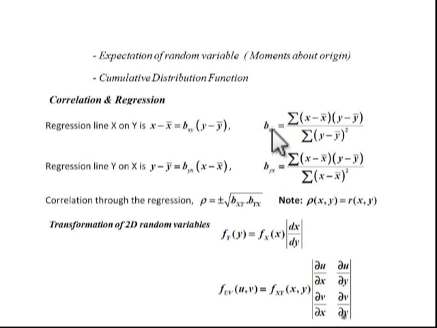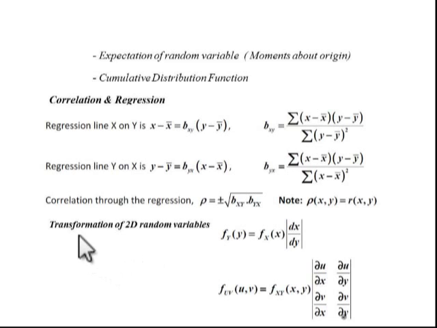The product of these two regression coefficients, taken within the square root, gives the correlation coefficient, so you can consider rho as plus or minus the square root of bxy and byx. The sign depends on the nature of the regression coefficients. If both are positive, the correlation coefficient is taken as positive. If both are negative, it is taken with the minus sign.